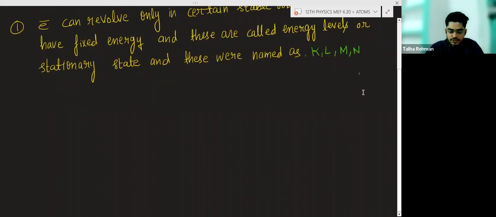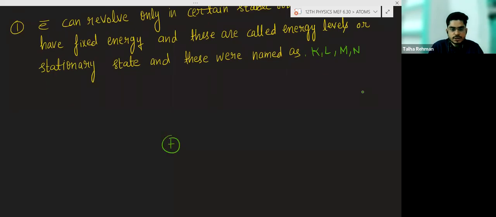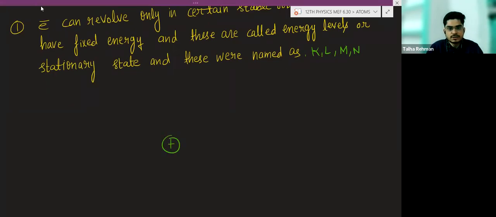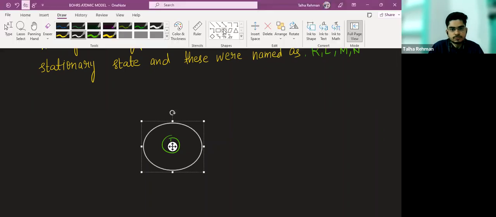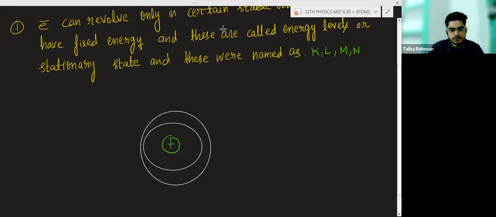So how are these energy levels? Suppose this is the nucleus. Around the nucleus, the energy levels are like this: first energy level, second energy level, as concentric circles.